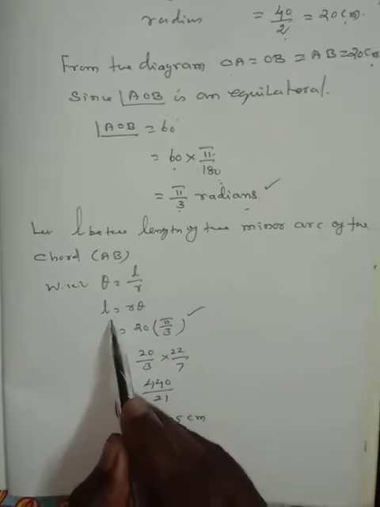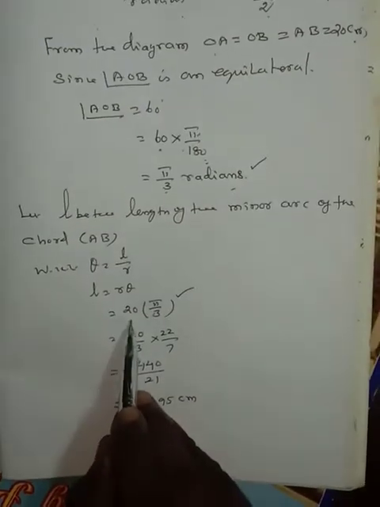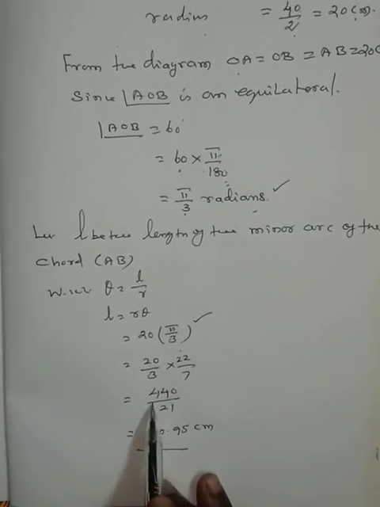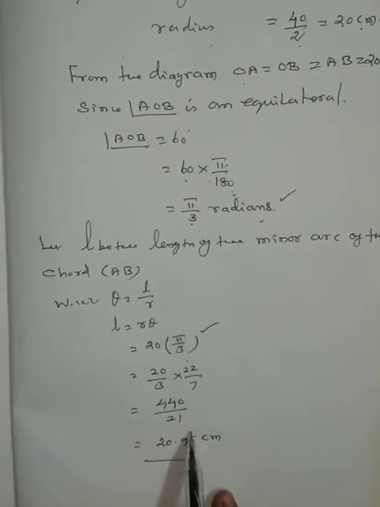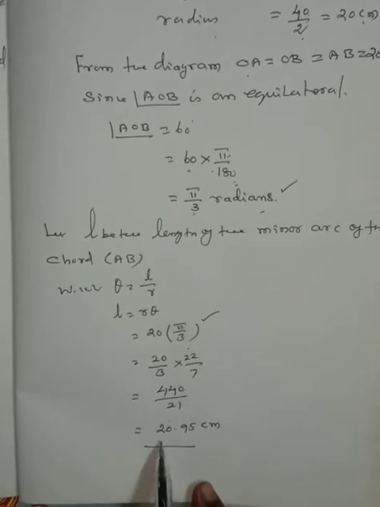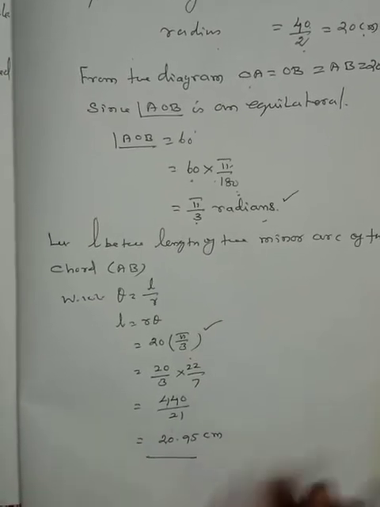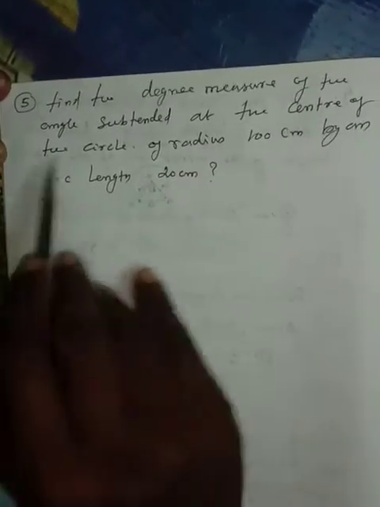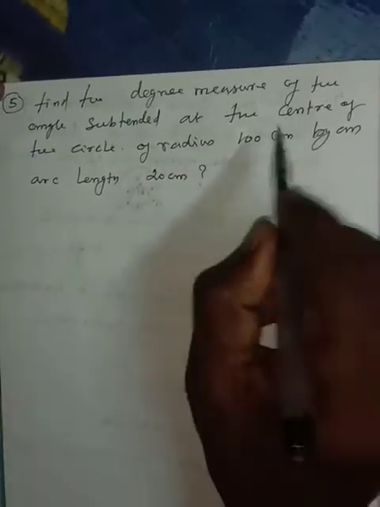Cross multiplying, l is equal to r theta. r is 20, theta is pi by 3. Multiplying, we get 440 divided by 21, which is 20.95 centimeter.